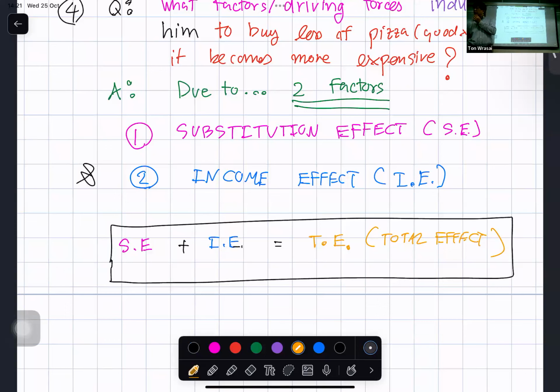You should keep track of this. Give a different color to these three things, up to you. We will continue like this throughout. SE for my version is a pink color. Income effect is a blue color for me. And when I sum it, I call it the total effect. I use orange color for the total effect.